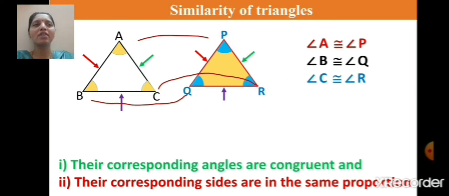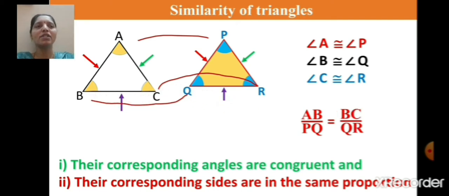Let's find the ratio between the corresponding sides. AB upon PQ should be equal to BC upon QR, which is equal to AC upon PR. This is called the ratio of corresponding sides, and they should be in the same proportion.